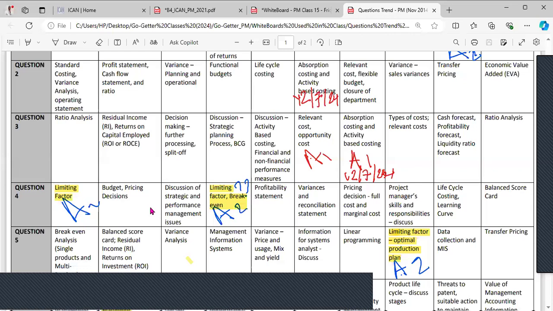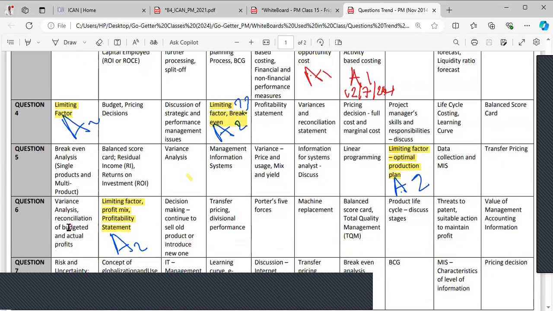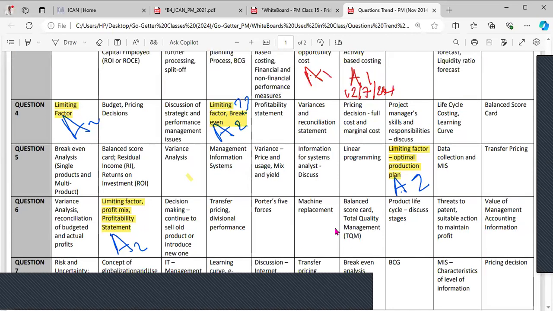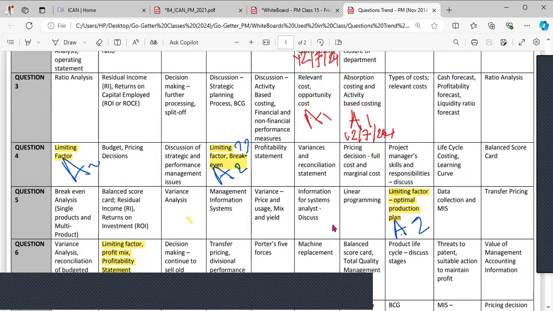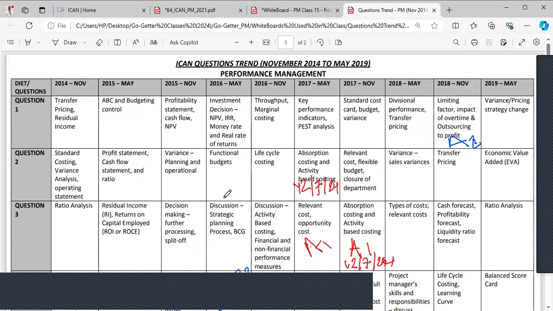Question number 5, none. Question number 6, none. Question number 7, none. So you need to check newer questions to see whether you have questions that have to do with target costing. So that's it.